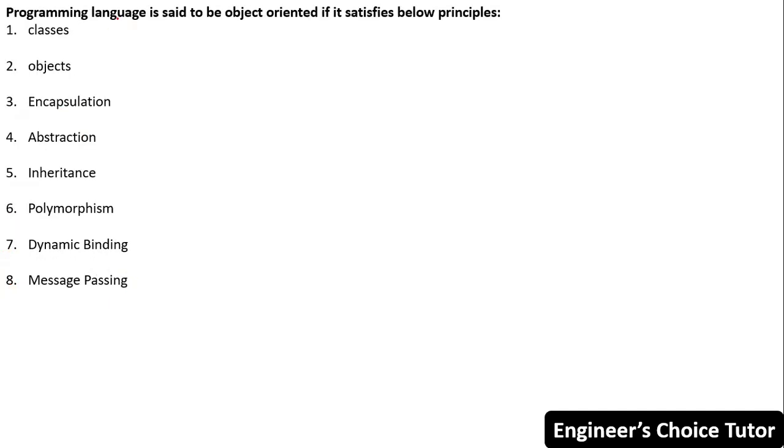So basically, a programming language is said to be object oriented if it satisfies the below principles. That is classes, objects, encapsulation, abstraction, inheritance, polymorphism, dynamic binding, and message passing. So from today onwards, we are going to see each and everything in detail.